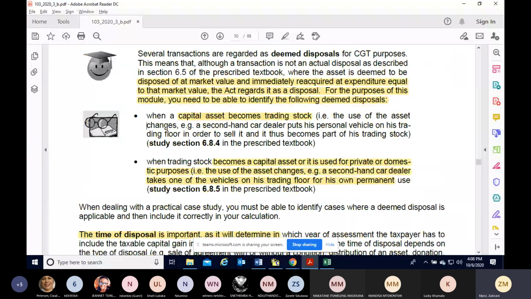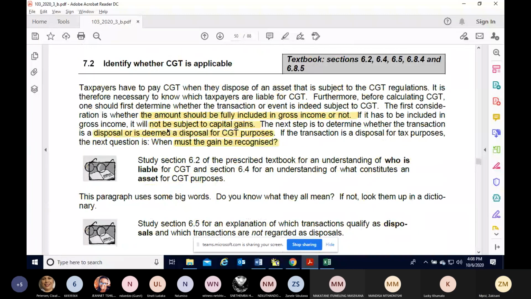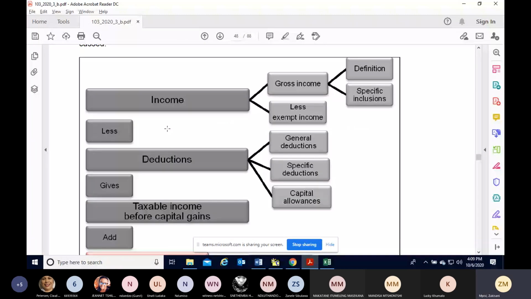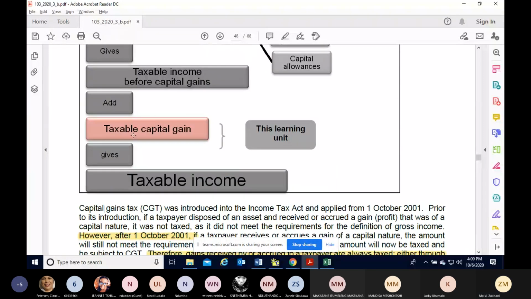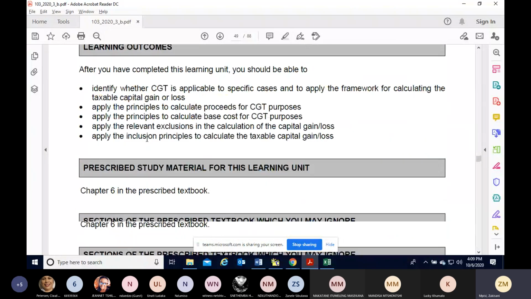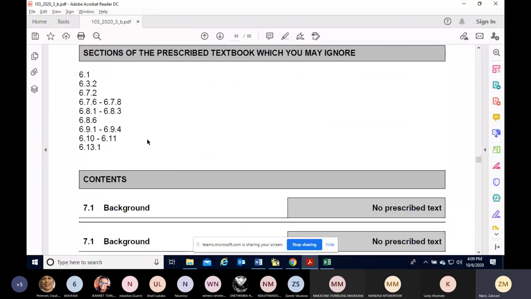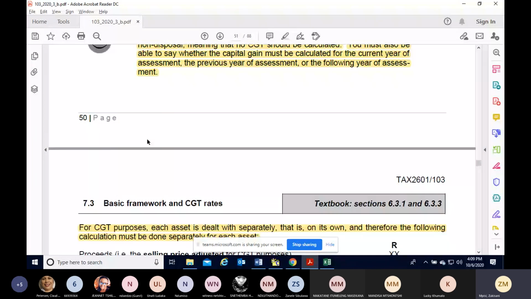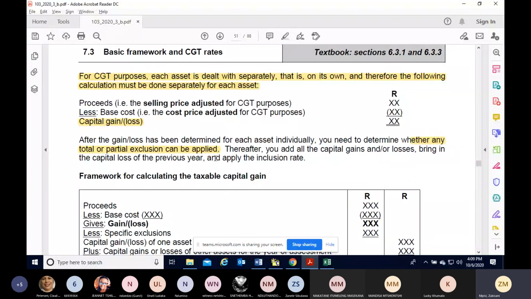Remember, for the purpose of calculating taxable income, here we need a taxable capital gain. We don't need capital gain or capital loss, but we need a taxable capital gain. So we will proceed up until you understand how do you get to a taxable capital gain.